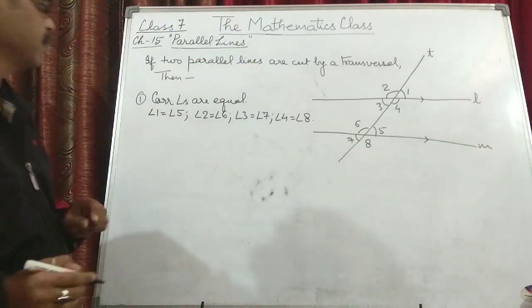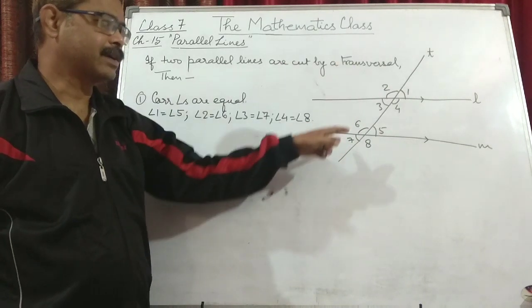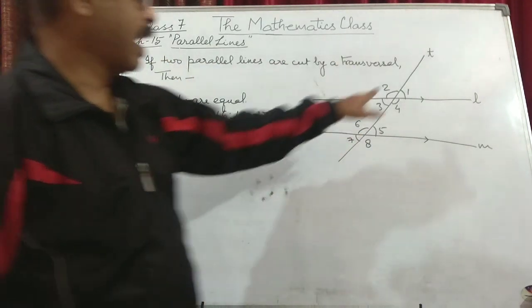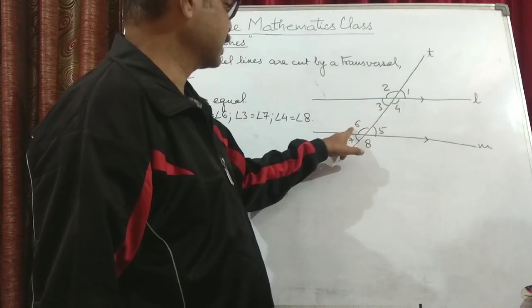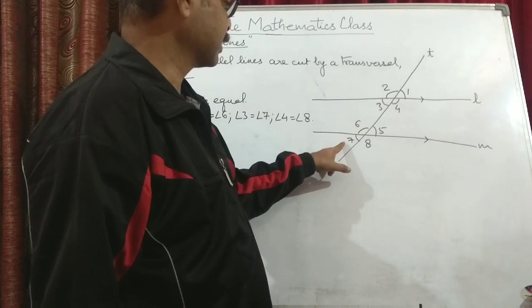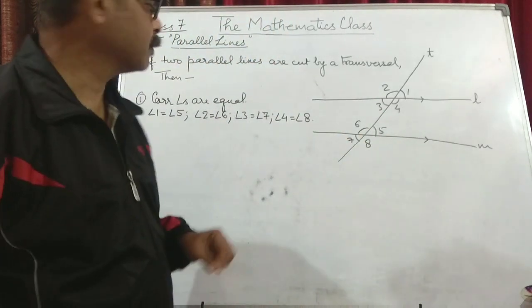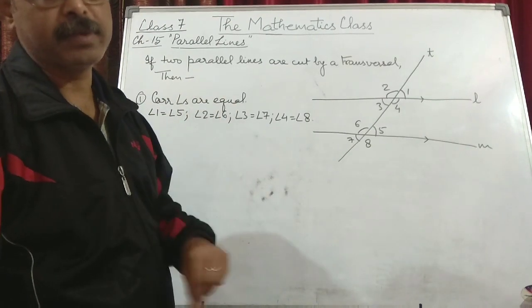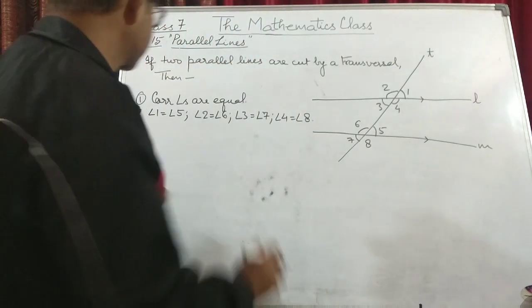All these angles will be equal if two parallel lines are intersected by a transversal. These are the corresponding angles formed. So all the corresponding angles formed are equal when two parallel lines are intersected by a transversal.